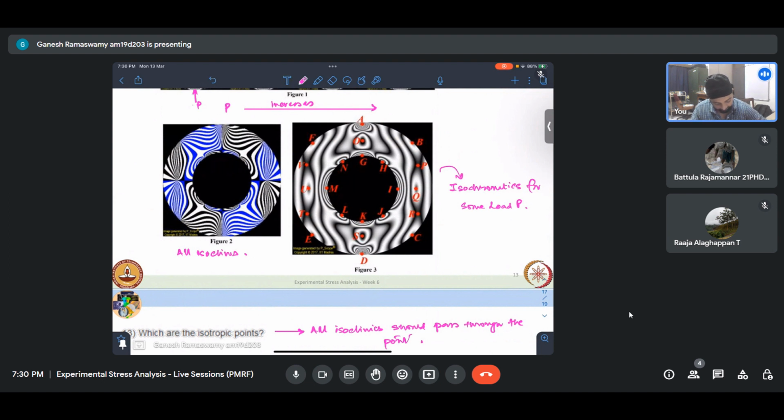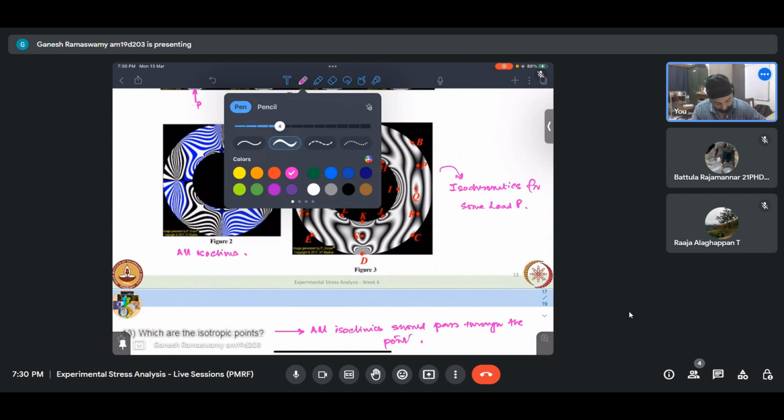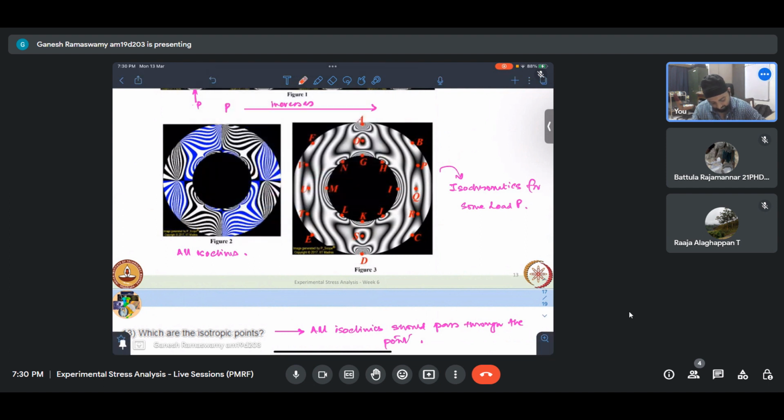Okay, so let us identify with yellow what are the candidates for isotropic points. We see that one is here, then one is here.